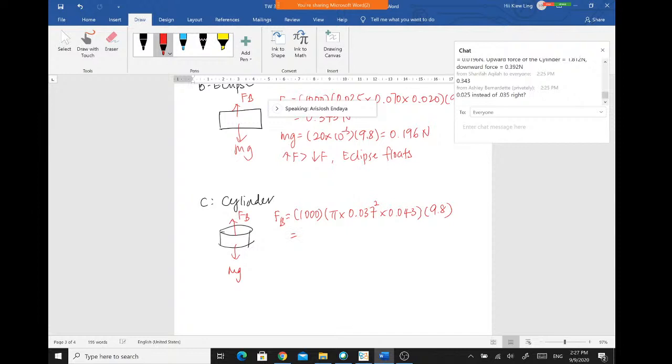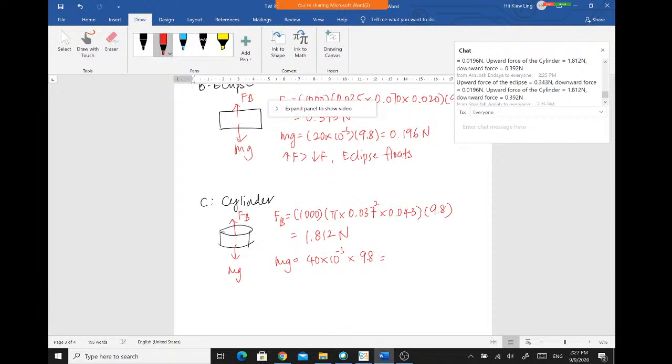And the upward force of cylinder is 1.812 Newton. Downward force, 40 grams, and you get 0.392 Newton. So the upward force is much larger than the downward force. That's why cylinder floats too.